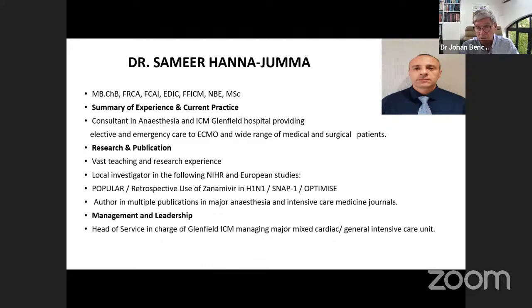Firstly, look at the historical risk factors in the history. Then secondly, at the clinical picture of the patient, which risk group he falls in. And then thirdly, look at the risk of the operation that you're going to do on the patient. And then optimize the patient.